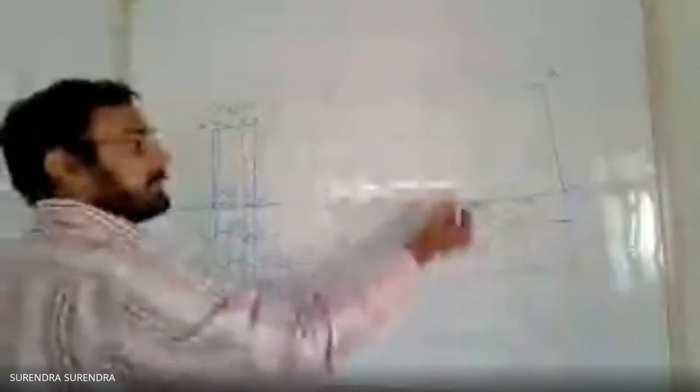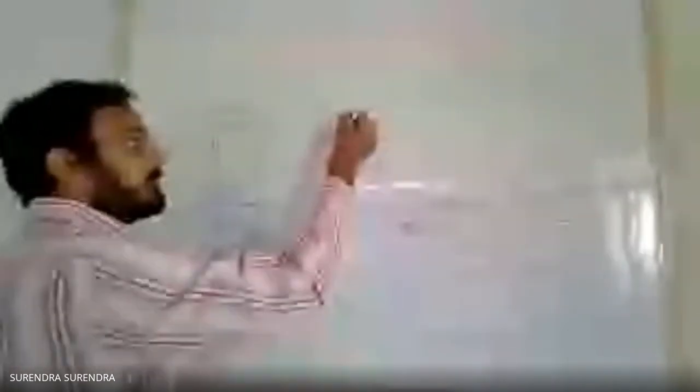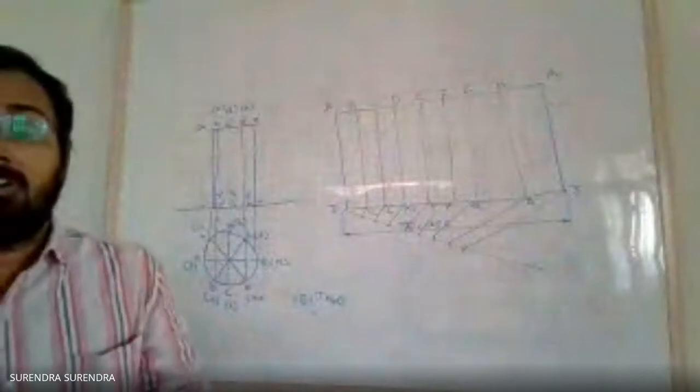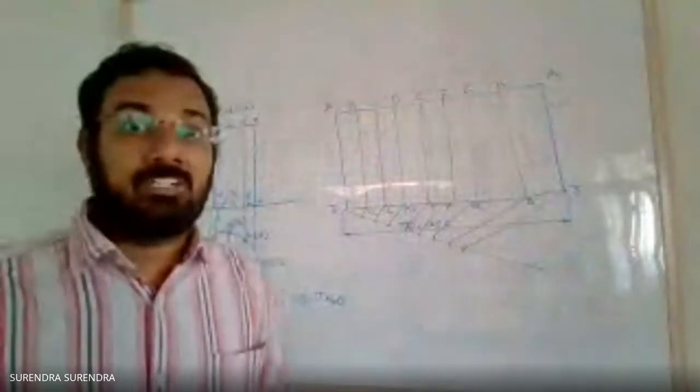Draw vertical lines from each and every point. B, C, D, E, F, G, H. So this is the way of drawing the development.